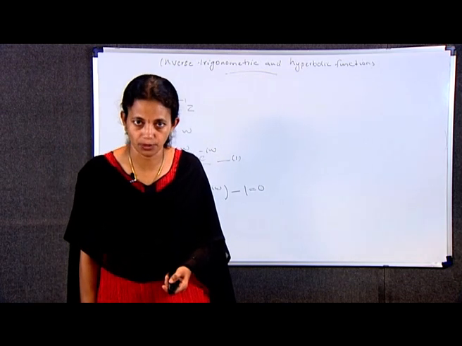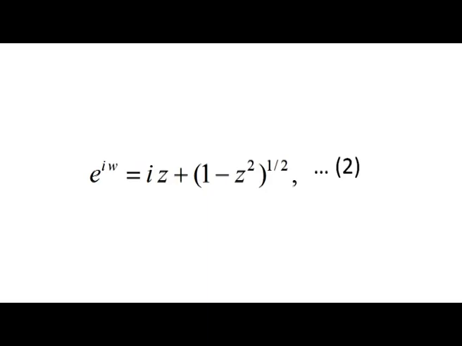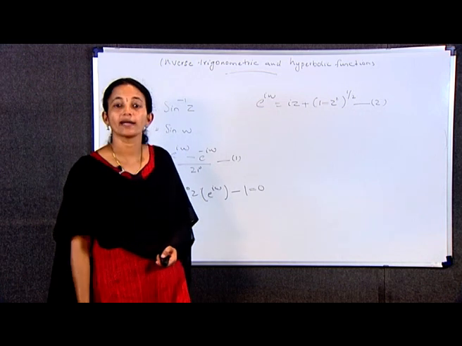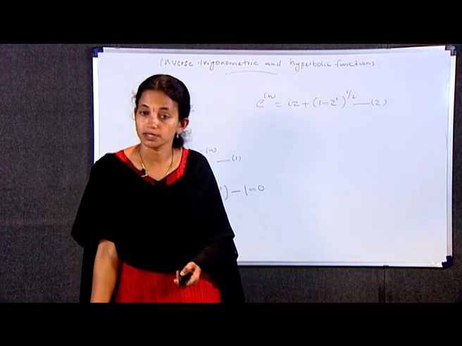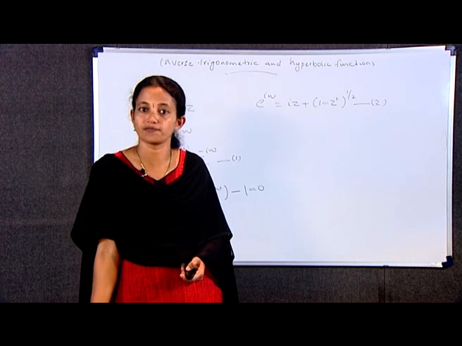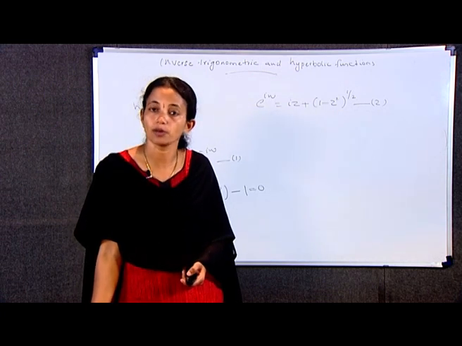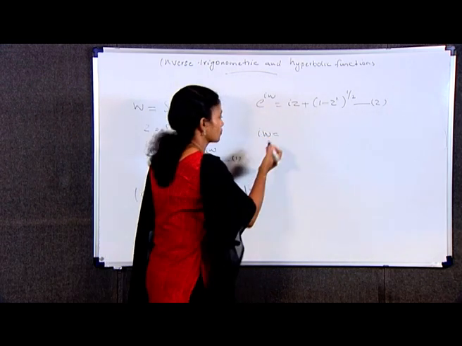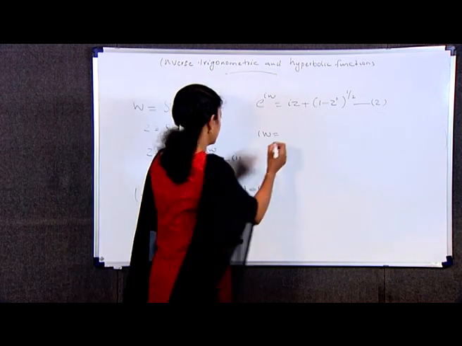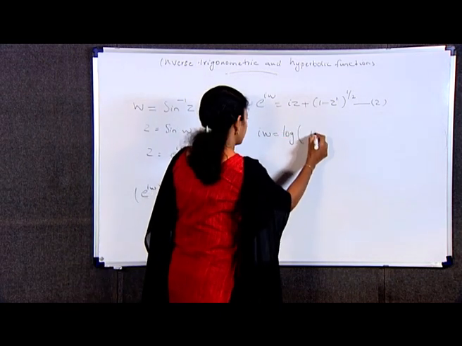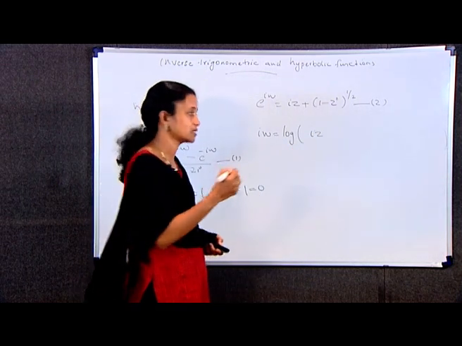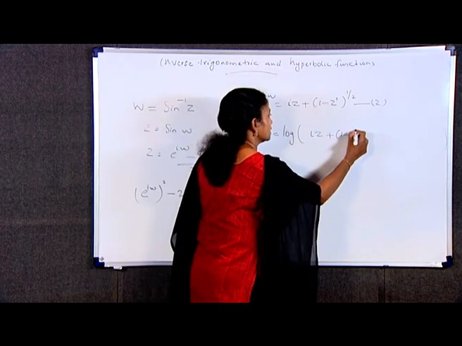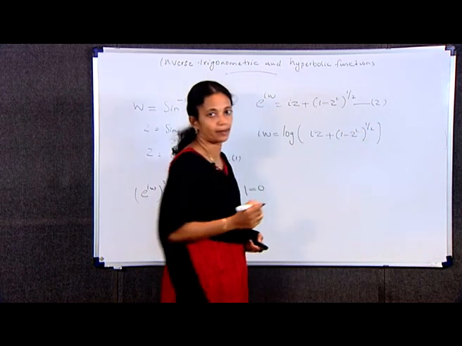Solving for e raised to iw, we get e raised to iw is equal to iz plus (1 minus z square) raised to 1 by 2, equation number 2, where (1 minus z square) raised to 1 by 2 is of course a double valued function of z. Taking logarithms on both sides of 2, we get iw is equal to log of iz plus (1 minus z square) raised to 1 by 2.